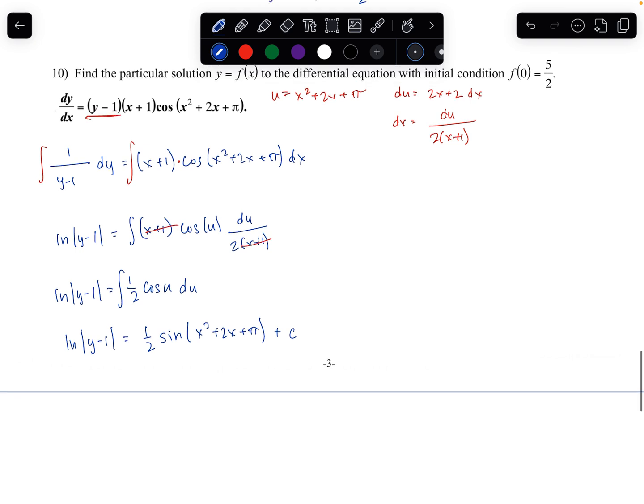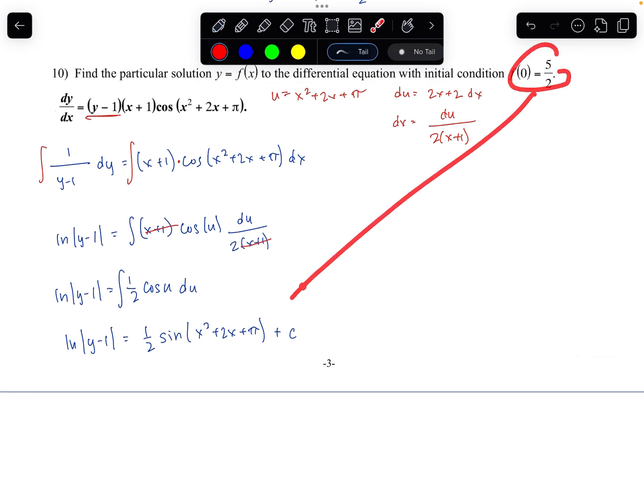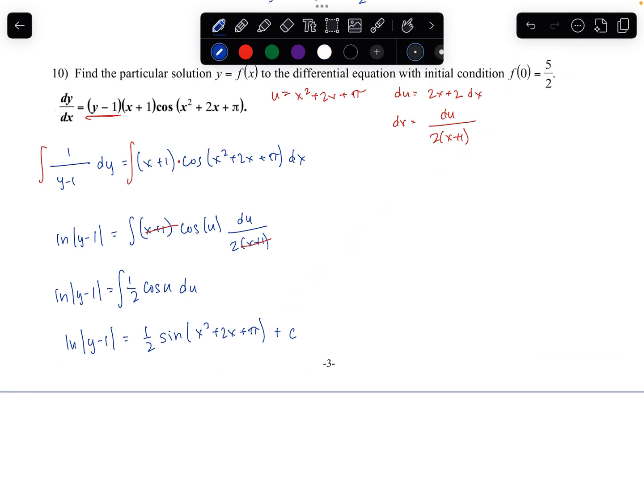Now we're going to plug in our initial condition, so we're going to plug in our point right here. So we're going to have the natural log of 3/2 equal to 1/2 sine of, if I plug in 0, that's all going to come out to just be pi plus c, and sine of pi is 0, so I'm going to get c is equal to the natural log of 3/2.